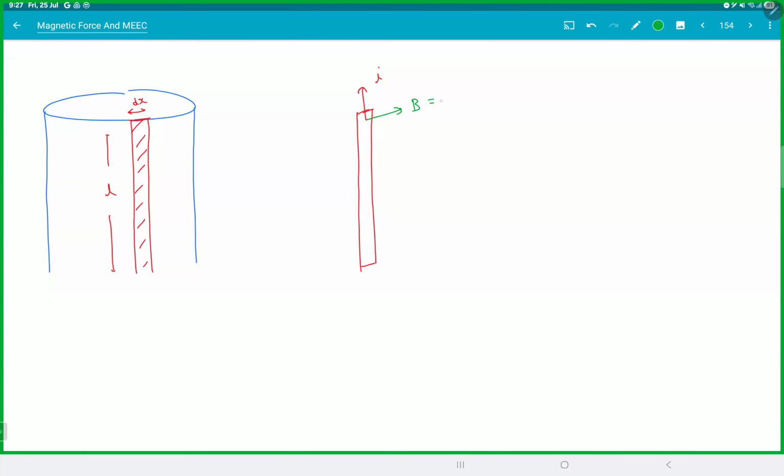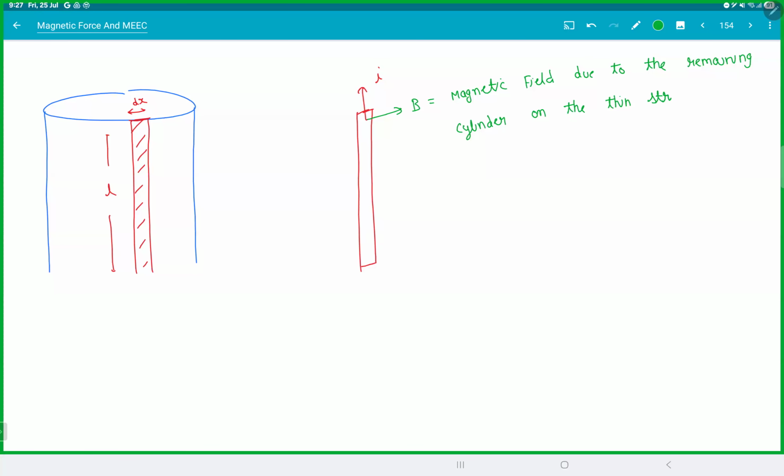This magnetic field is due to the remaining cylinder after removing the strip, on the thin strip.